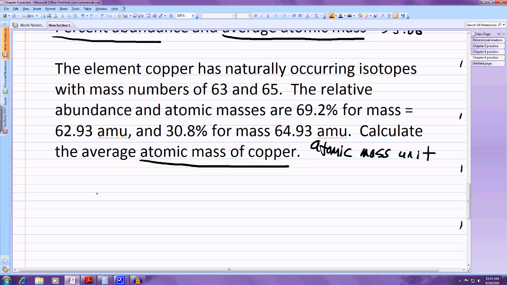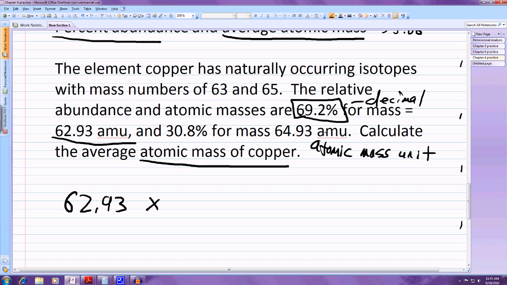So how do we find the average atomic mass of copper? The first thing we do is write down our AMUs. We write down 62.93, and we multiply that by the percent abundance. The percent abundance we need to put in decimal form. I don't mean just 69.2, I mean divide it by 100, so it's 0.692.